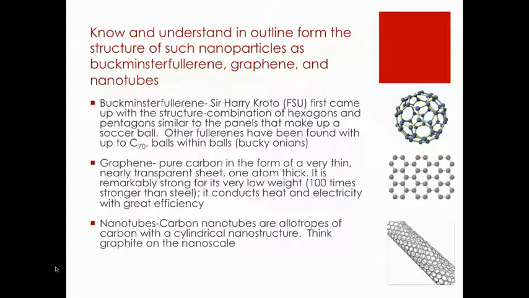So, what are these particles? The first is Buckminster fullerene. It's a combination of hexagons and pentagons, much like what a soccer ball would look like. And those are carbon atoms that are on the outside of this Buckminster fullerene or buckyball.